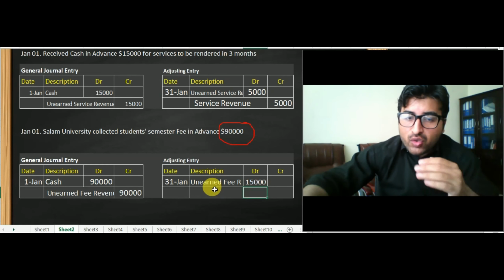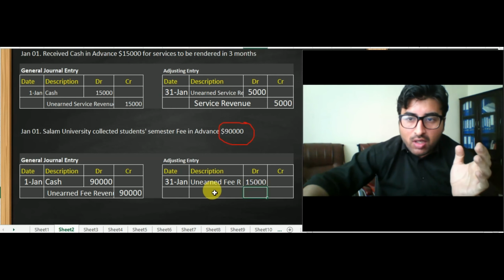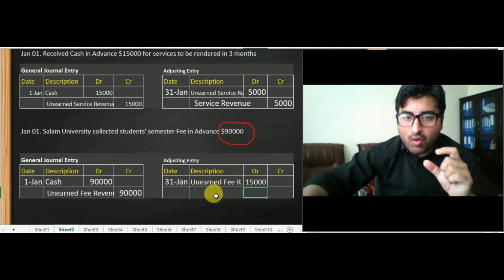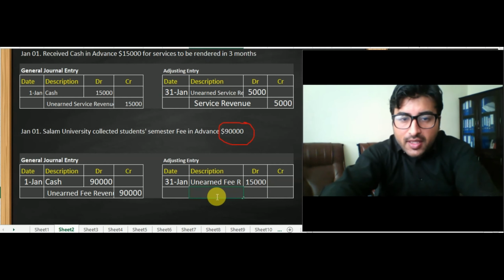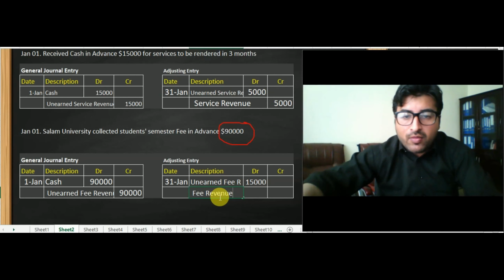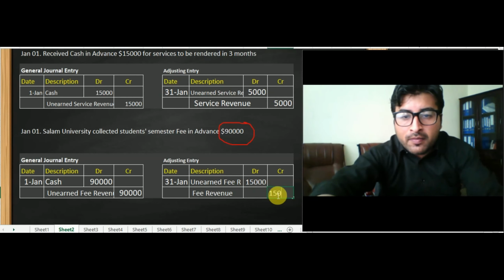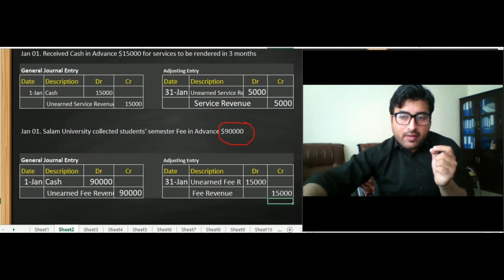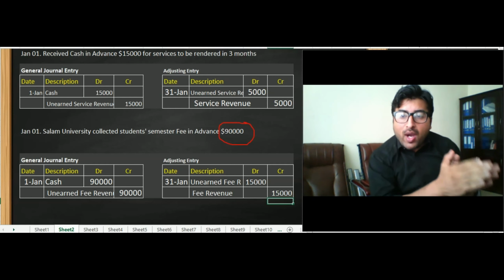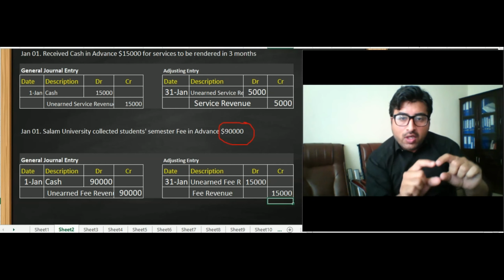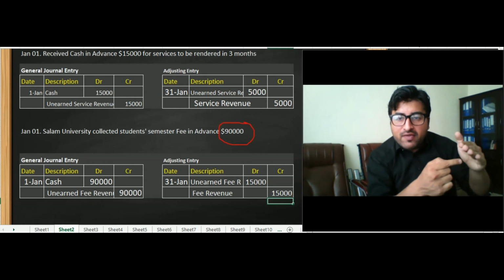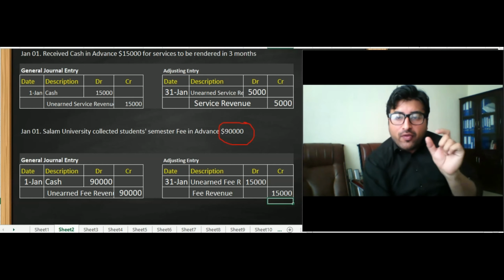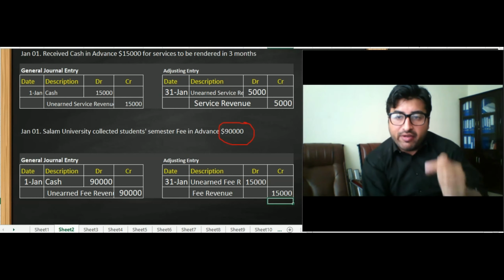Salam University should debit unearned fee revenue account $15,000, because the liability decreased by this much amount. And what should be credited? Yes, the fee revenue account of Salam University for $15,000. So dear students, look here. After 1 month, Salam University is providing the services to the students. So in the $90,000 now Salam University can claim that $15,000 converted into revenues.